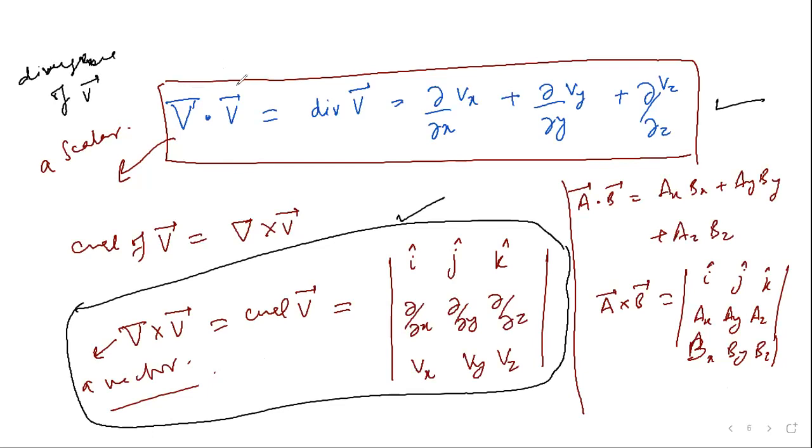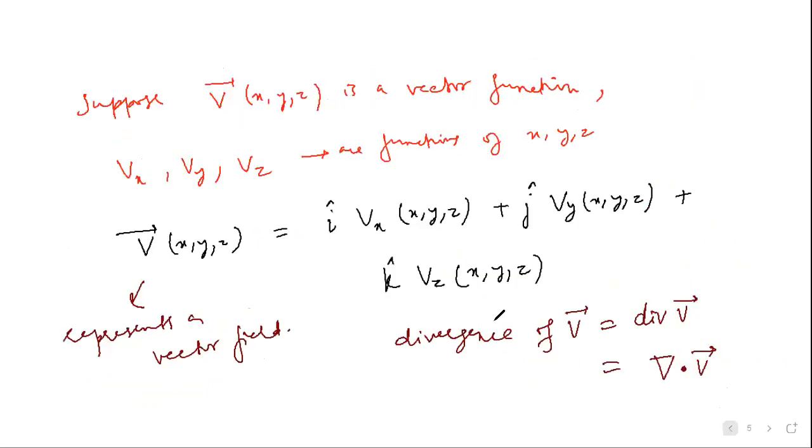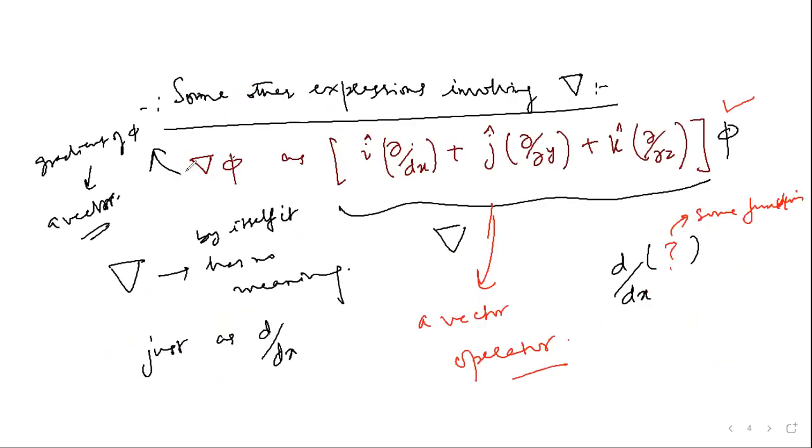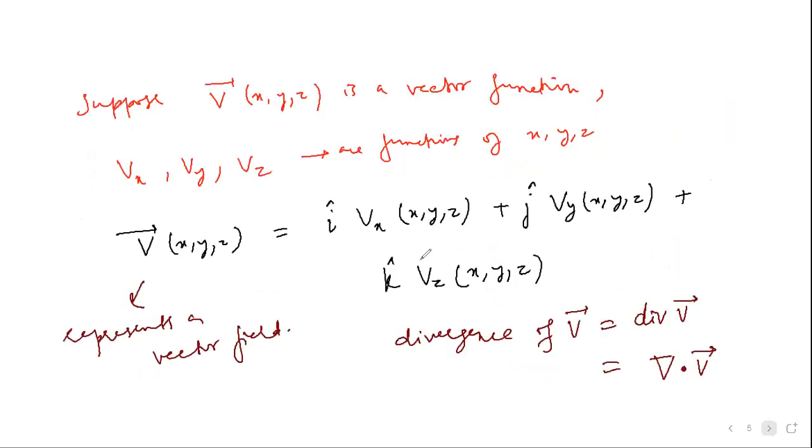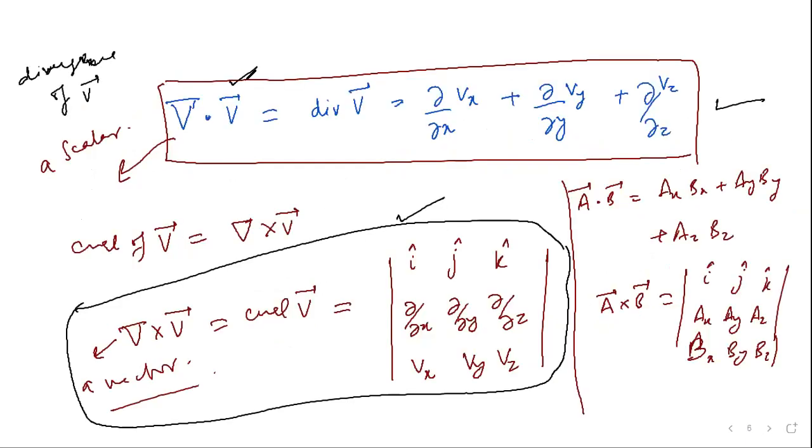Now, in case of divergence, we have a vector field. Gradient of some scalar field is also a vector field. That means in divergence, I can replace this V with gradient of phi, because gradient of phi is itself a vector.